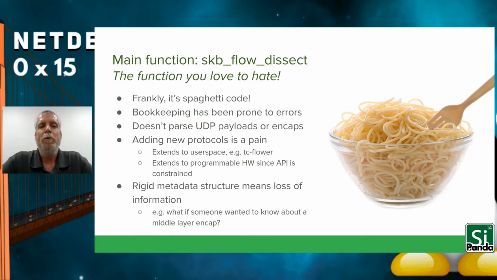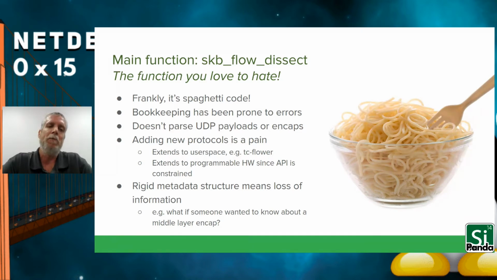Fundamentally, adding new protocols to flow dissector is very painful. Basically, we have to change the kernel. It's a kernel rebuild and install, so all the pain of kernel rebase is there. But this has a side effect that things that use flow dissector in user space, like TC-Flower, are basically bound by this also. So it's also difficult to add new protocols to TC-Flower for the same sort of reasons.